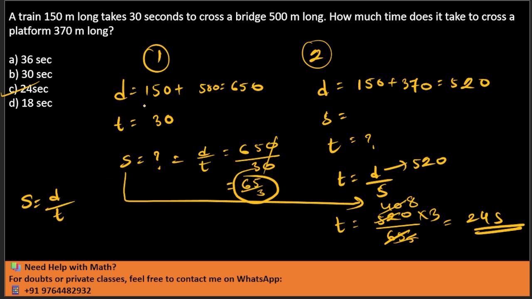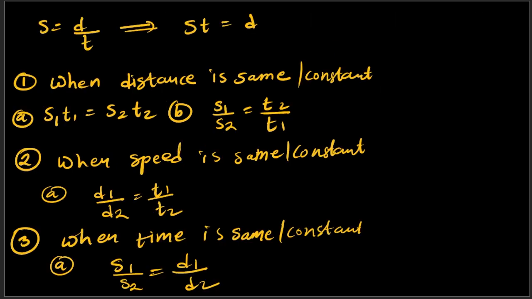In this scenario and in this scenario the speed is same, that means the speed is constant in both the cases, so we use a relation, a ratio, whatever you want to say. So here let's see, if in this formula we have one component constant, then how to apply the formula. Here I have written already everything.